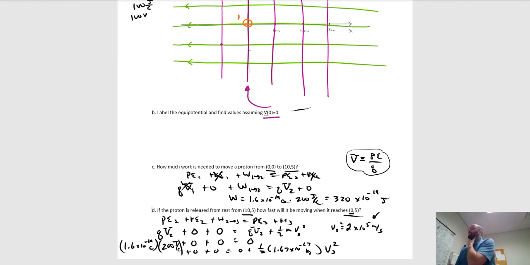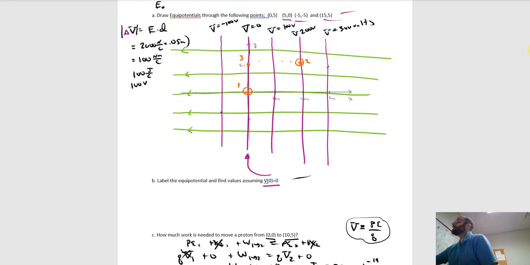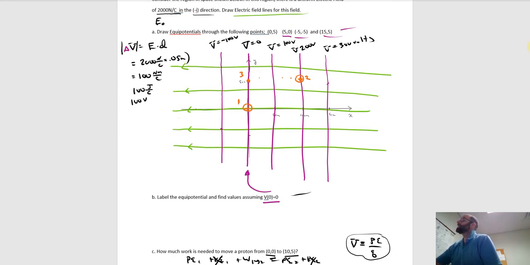So anyway, this video here is just meant to help you understand the relationship between electric field lines and equipotentials. Remember that the equipotentials always have to make a right angle to the electric field and the electric field lines. Another important fact here, you can define a 0 anywhere you want, like we did.